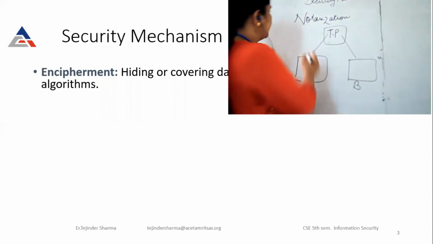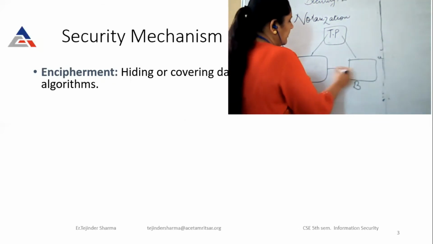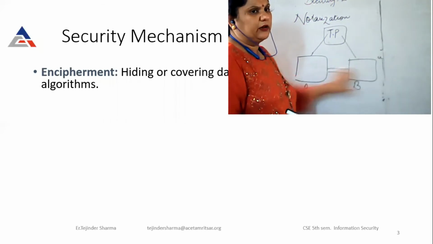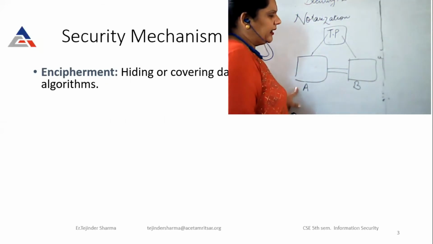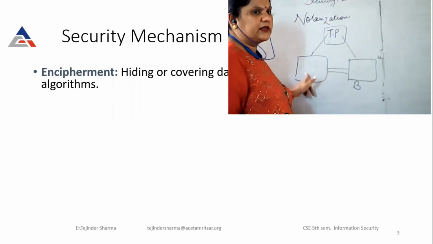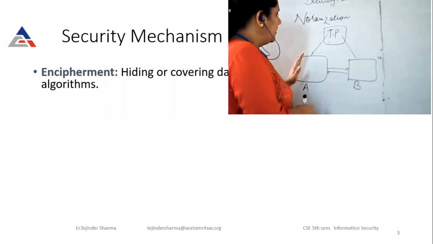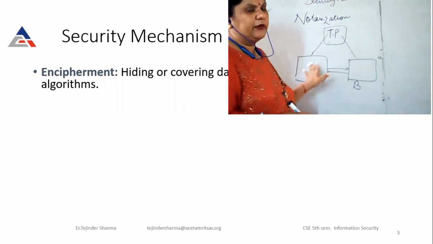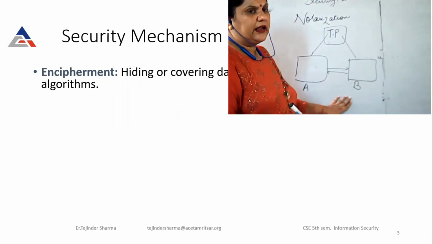Notarization is there when A and B are transmitting data. A is transmitting data to B and B is transmitting data to A. Listen carefully. It is a two-way channel. So there arises some conflict between A and B.